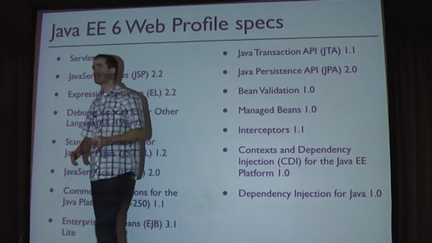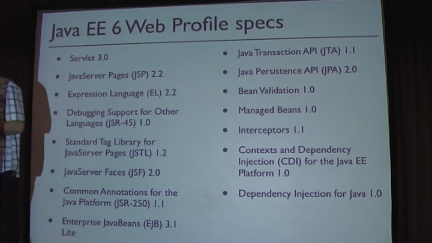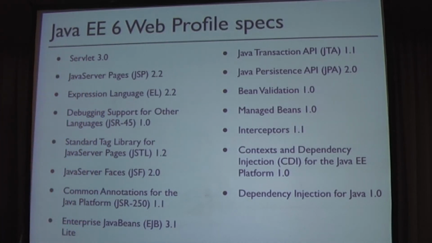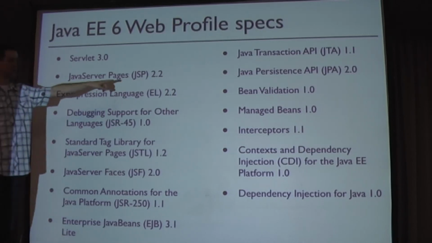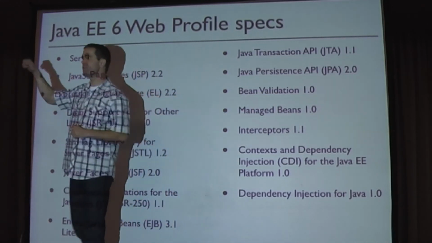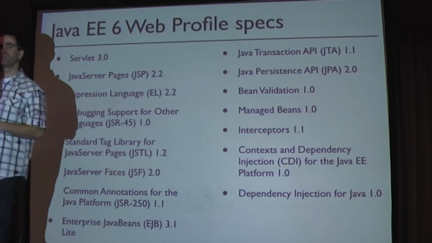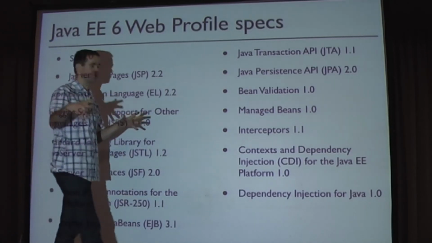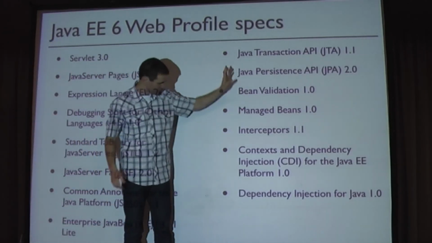How often have you checked if the parameter passed from a browser is not null? It's so often that people created the Bean Validation spec just to annotate a field to be non-null. That's it. That's simple. Managed beans, interceptors, okay?